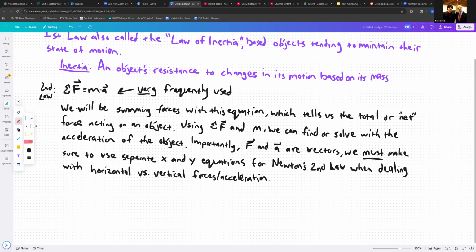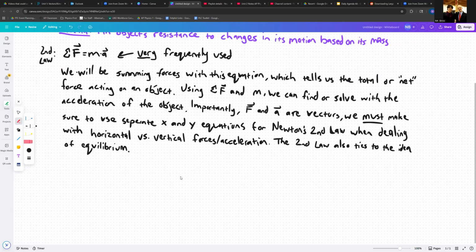All right, this second law also ties to the idea of equilibrium. So what is equilibrium? Well, let's define it.